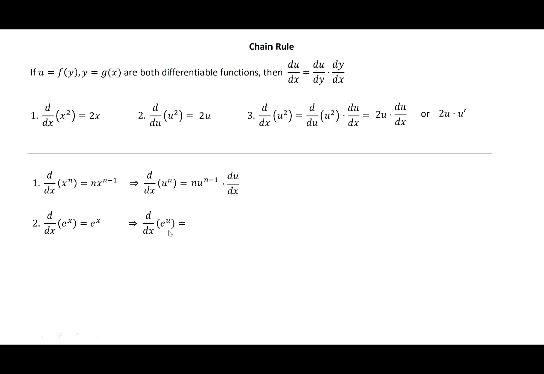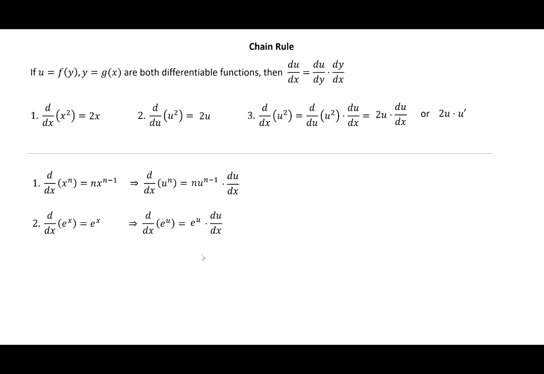You need to differentiate e to the u with respect to u. If d/dx of e to the x is e to the x, d/du of e to the u would be e to the u. So as a first step, you just say e to the u. But do not forget what? To multiply that by du/dx.